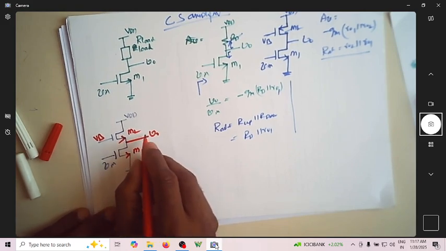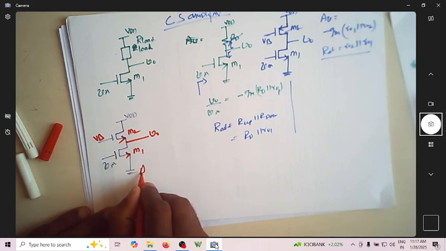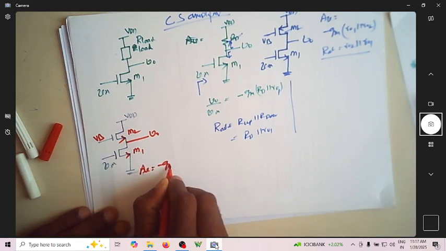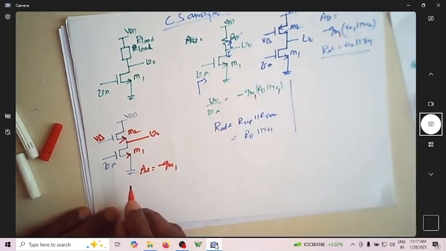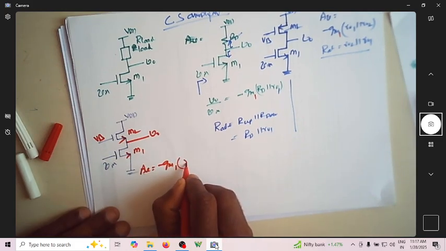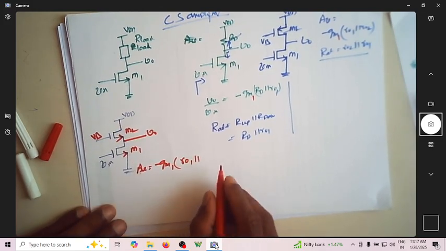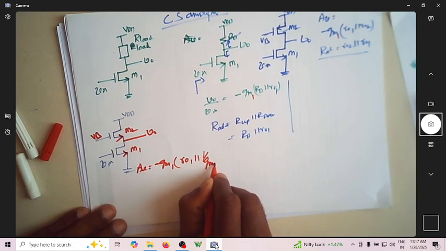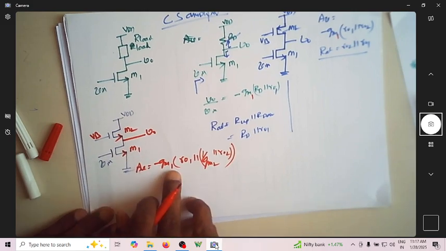So now what is the gain? AV is minus GM1 multiplied by the resistance looking down, R01, parallel with the resistance looking up, which is 1 over GM2 in parallel with R02. So this is my gain.